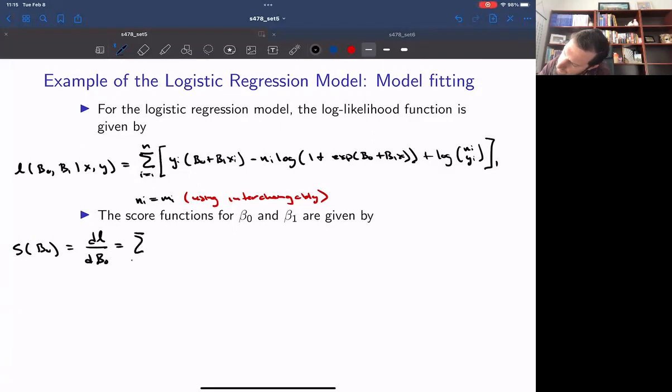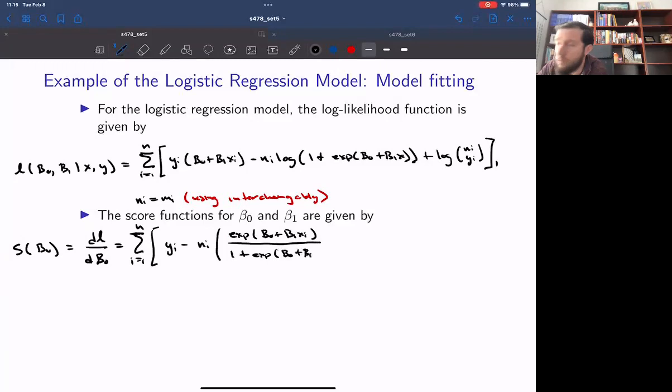This is going to be the sum from i equals 1 to n of yi minus ni exp(beta 0 + beta 1 xi) divided by 1 plus exp(beta 0 + beta 1 xi).